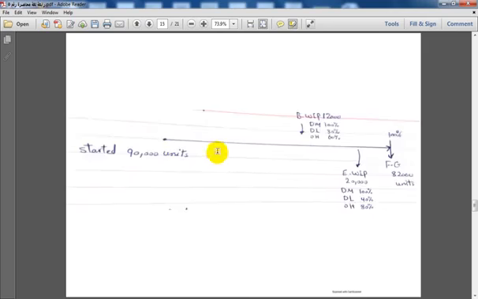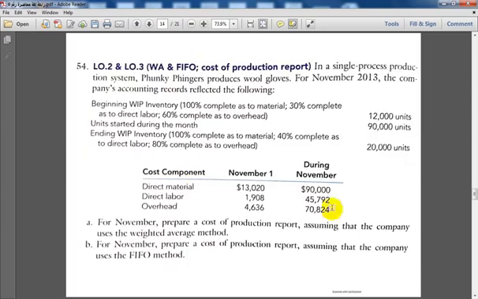We present the production process at 0 points. We have started 90,000 units.